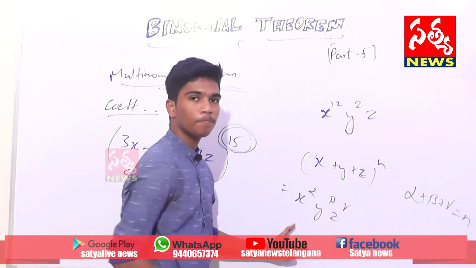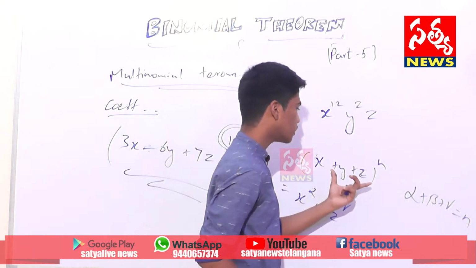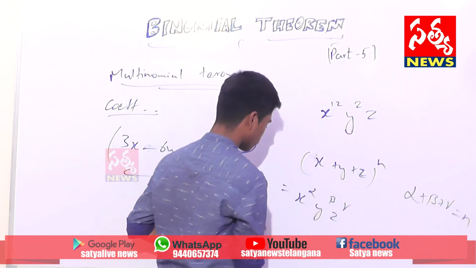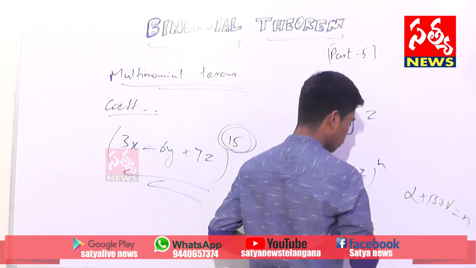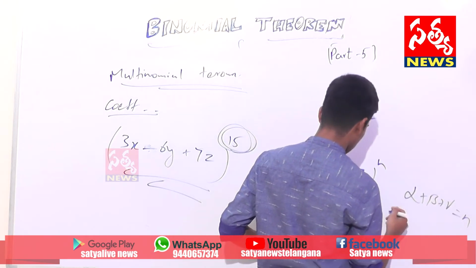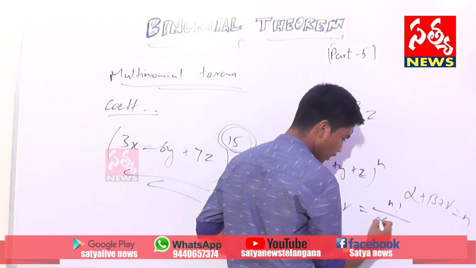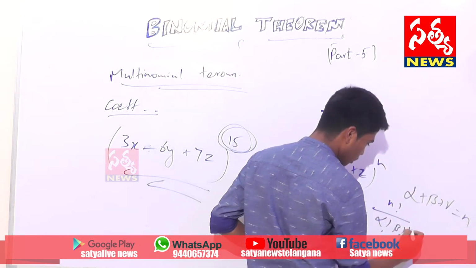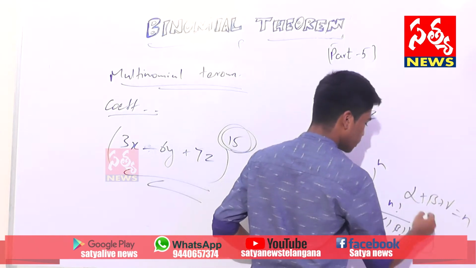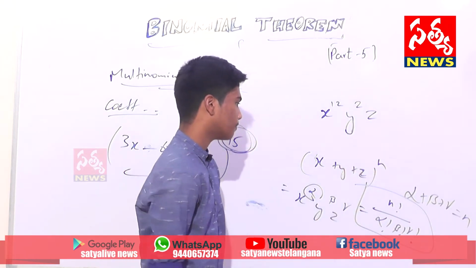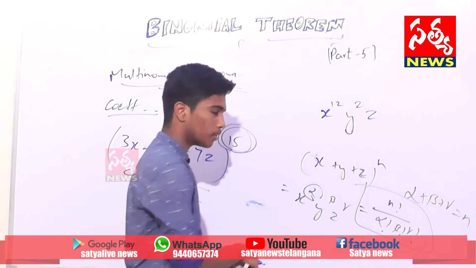Then only this term exists in the expansion of this multinomial theorem. The coefficient will be n factorial by alpha factorial into beta factorial into gamma factorial. This is the coefficient of x power alpha, y power beta, z power gamma in this multinomial theorem.